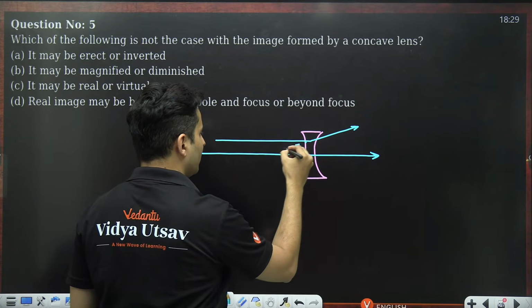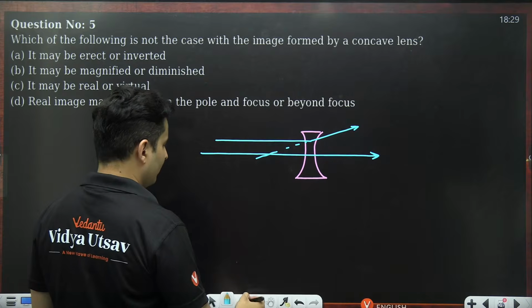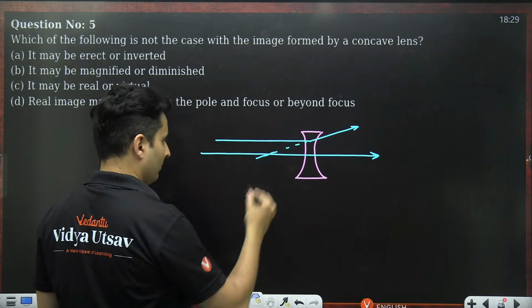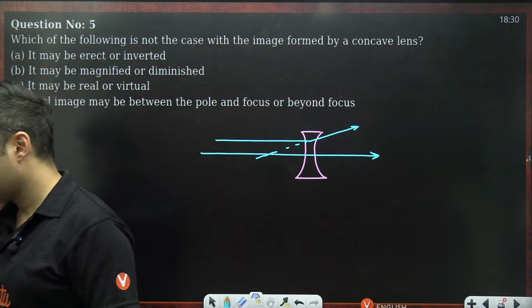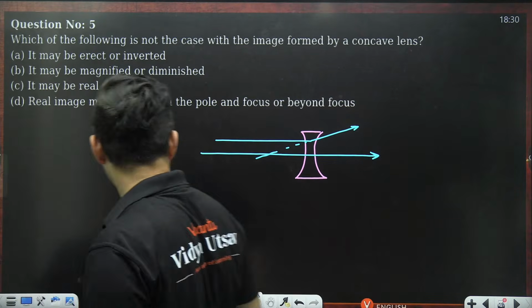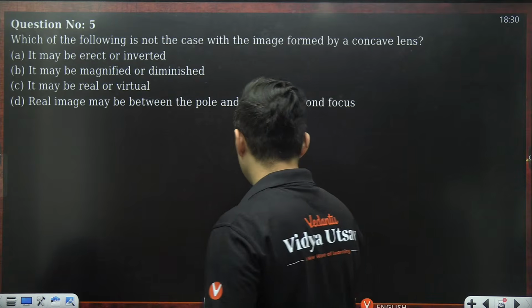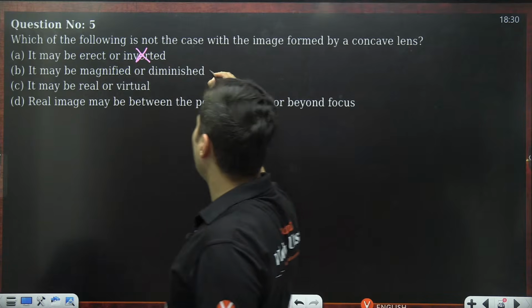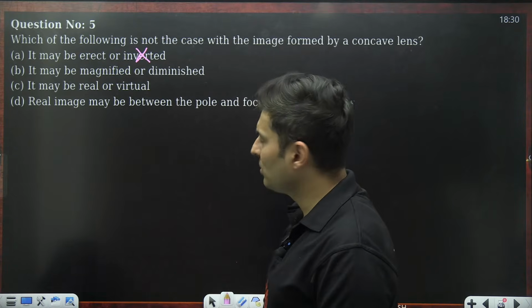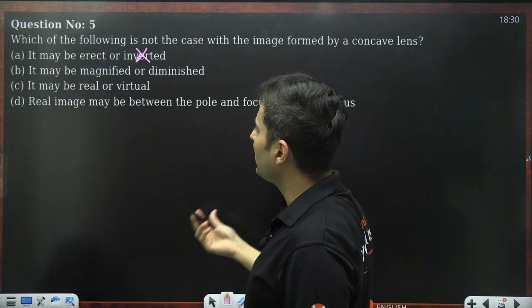So whatever happens, you will probably get the image somewhere over here, right? So you will notice that the image will always end up being erect. So you can never ever get an inverted image, as simple as that. So this is not possible. The image may be magnified or diminished. Yes, all those things can be done. It may be real or virtual, maybe yes.